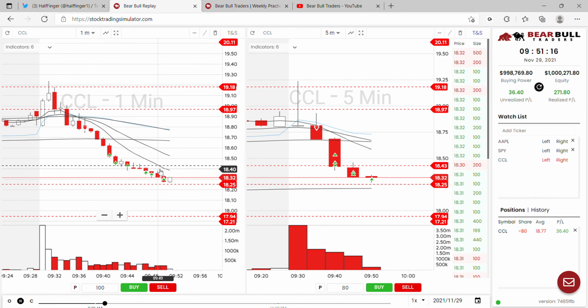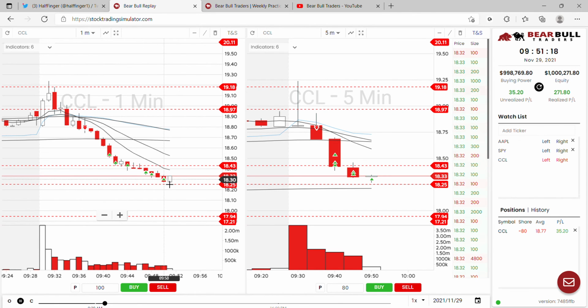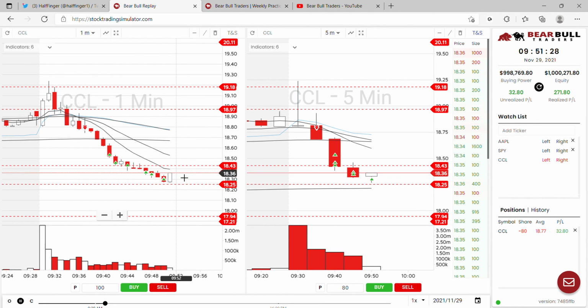Now we have like the 50 cent move to the 25-cent stop. So this is a good 2-to-1 move. And now we get our first 1 minute high.